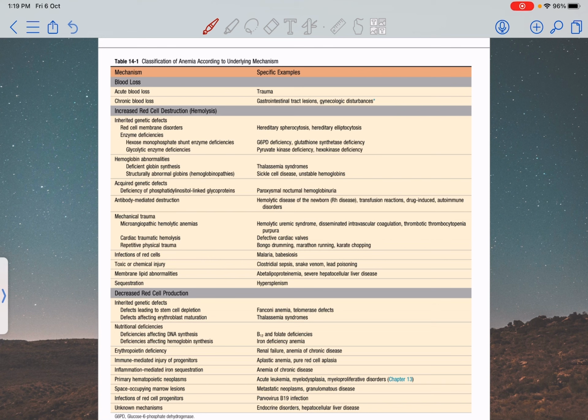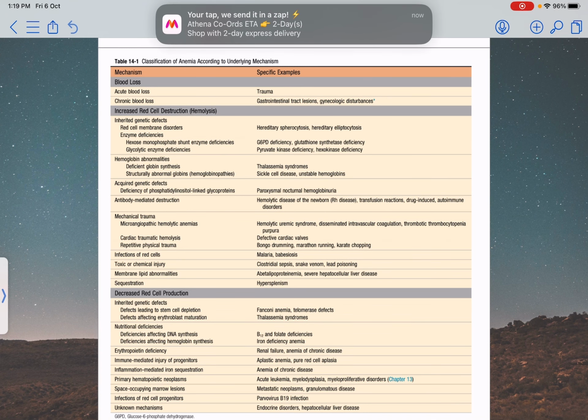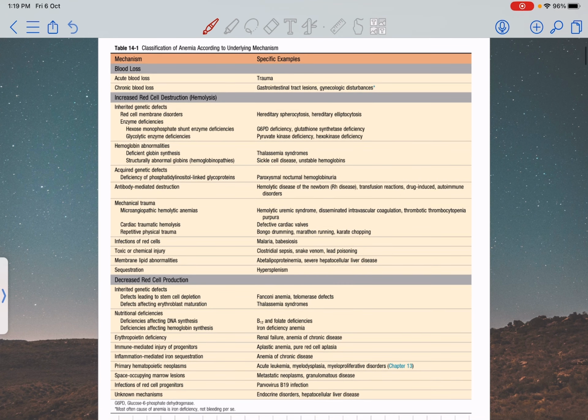Mechanical trauma can lead to MAHA, and cardiac trauma and repetitive physical trauma can all lead to hemolysis. There could be infections of RBCs in malaria and babesiosis. Infection of red cell progenitors, we will see later with parvovirus, causes decreased RBC production. Increased destruction is seen in parasitic infection by malaria and babesiosis, right?